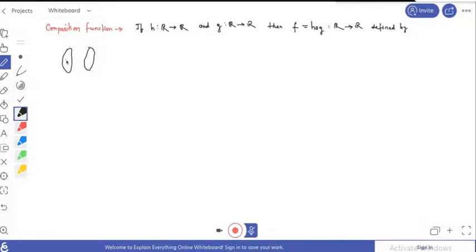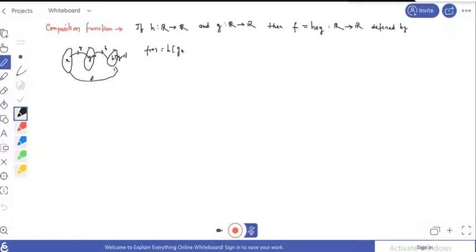So this is the function in x, and here we operate the g function. This is the image g(x), and then we apply this h function. So this is h of g(x). Okay, and this function f is basically the composite function. So f(x) is h of g(x).